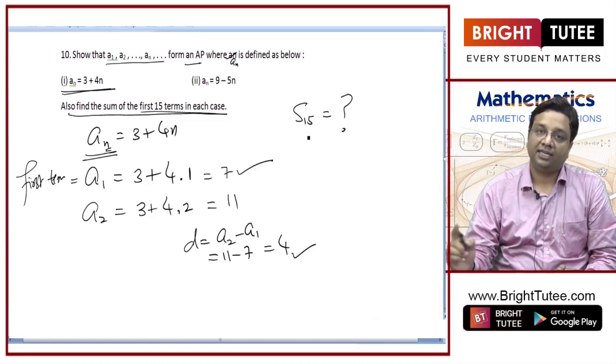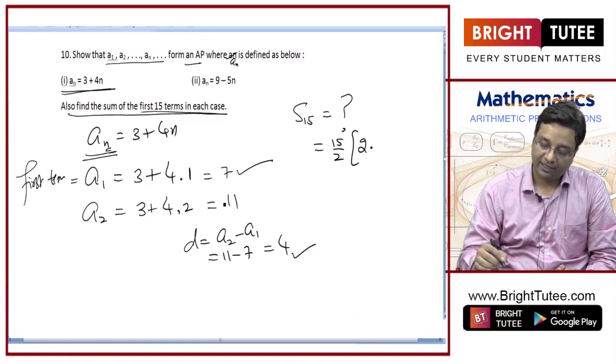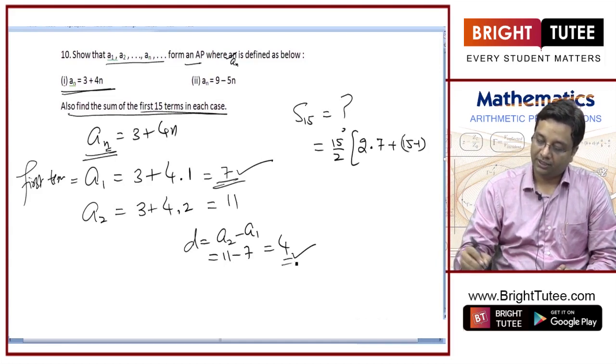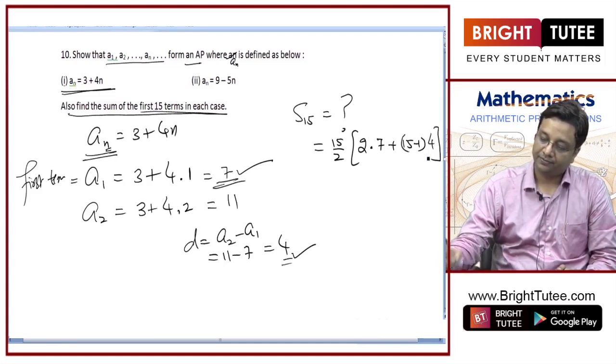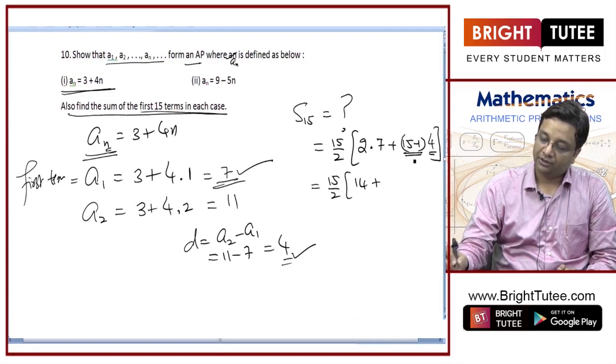So I can calculate S15 now, which is equal to 15 by 2 twice of A, which is 7, plus n is 15, 15 minus 1 into D, D is 4. 15 by 2, 14 plus 14 4s are 56.